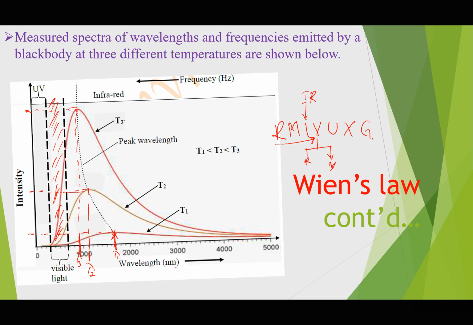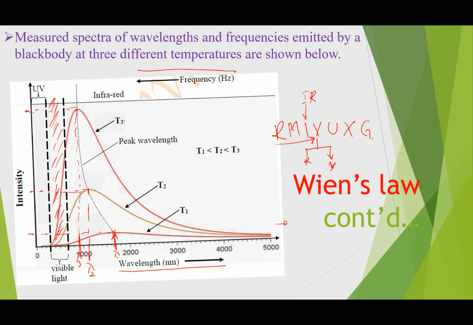Note that I've placed the wavelength at the bottom and I've placed the frequency at the top. You may have a graph of just intensity against the frequency, and you will see smaller values of frequency this side towards the right hand side because wavelength is inversely proportional to frequency.